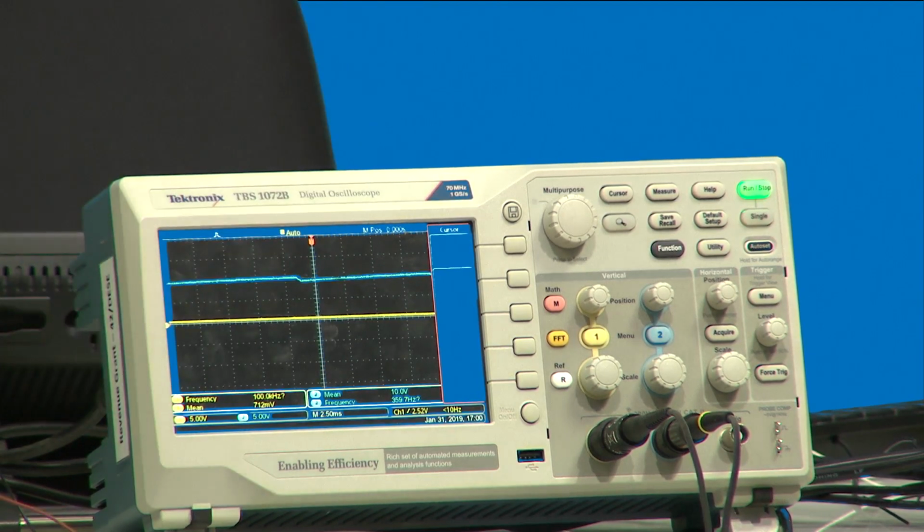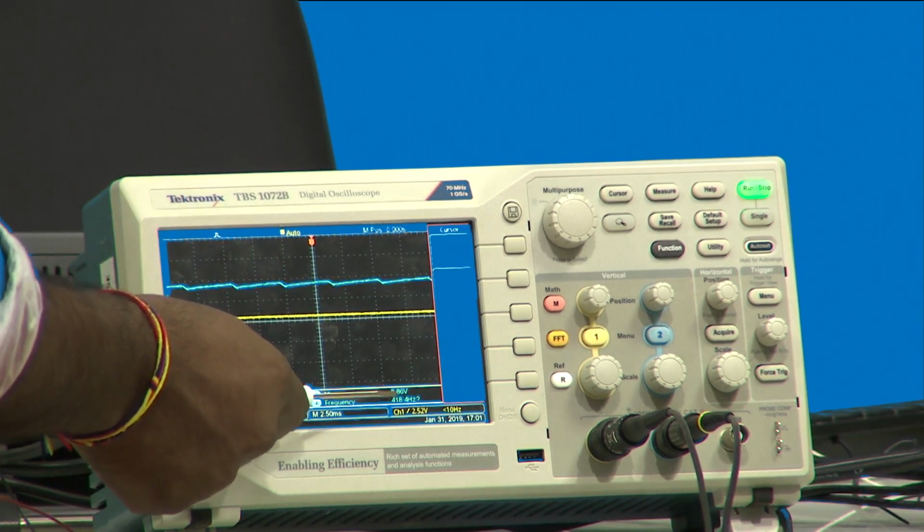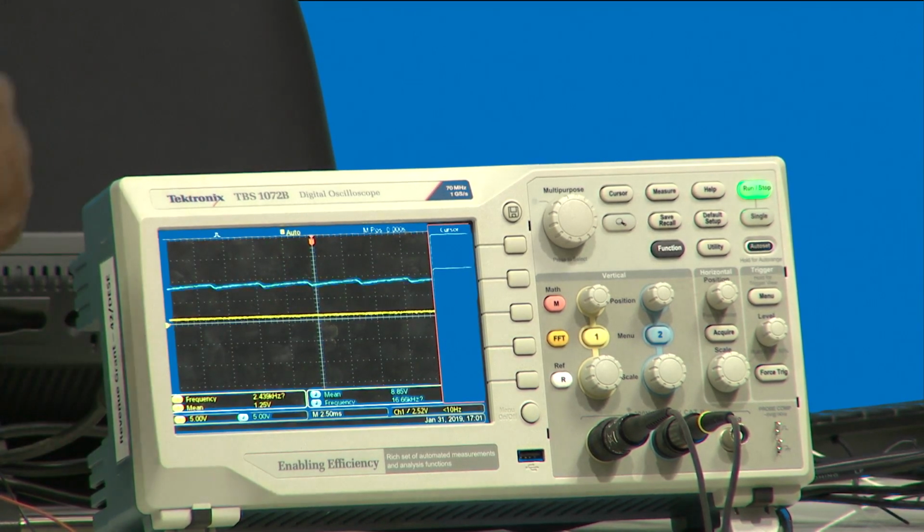Right now the input is at 0.8, and I am changing it to 1 volt. At 1 volt, as we saw, we got somewhere around 10.215, and even here we can see somewhere around 8.86, which is because of small tolerances that we have. Then I will slowly vary it to 1.2 volts.